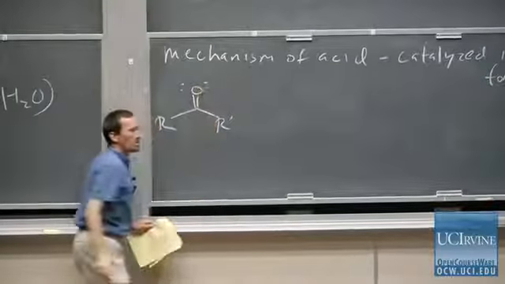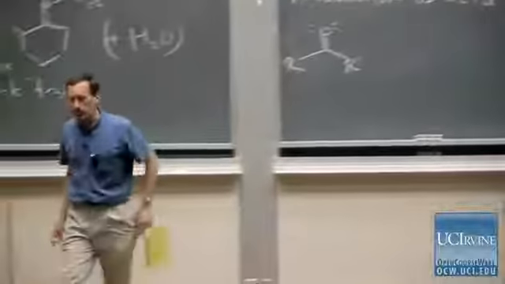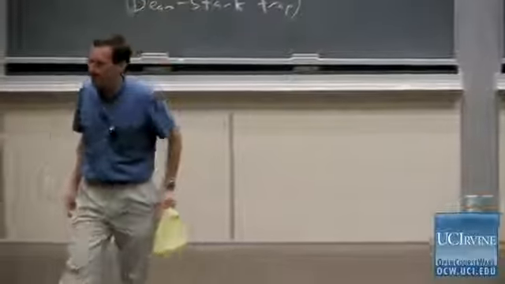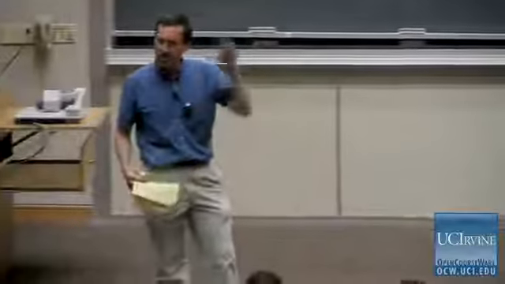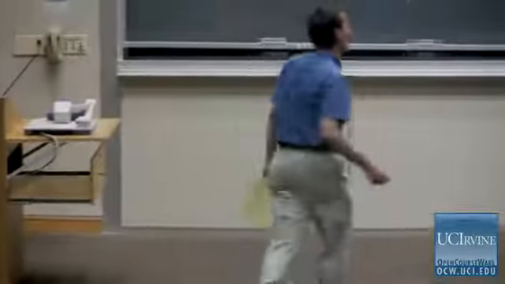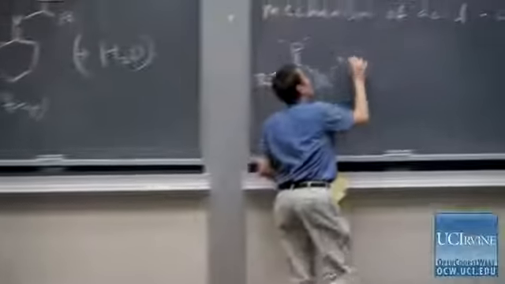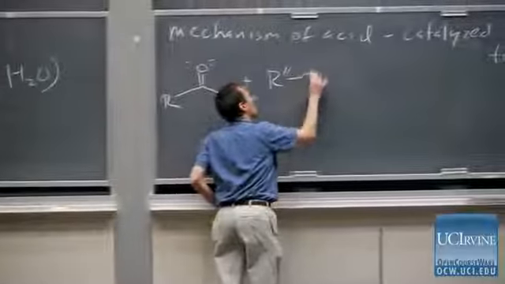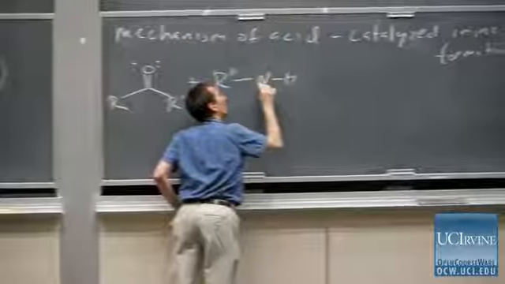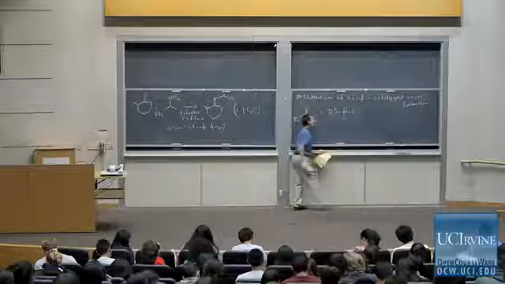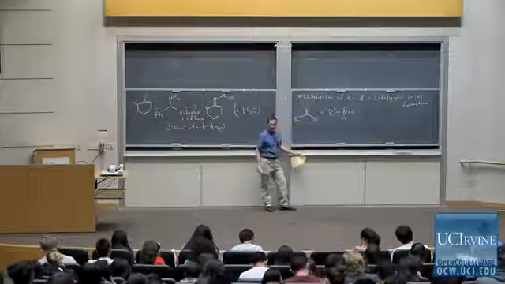And I'm going to be a good person and try to remember to write in all of my charges, all of my lone pairs of electrons, and to use curved arrows to always show the flow of electrons during this reaction. So here's our amine. The amine has electrons.